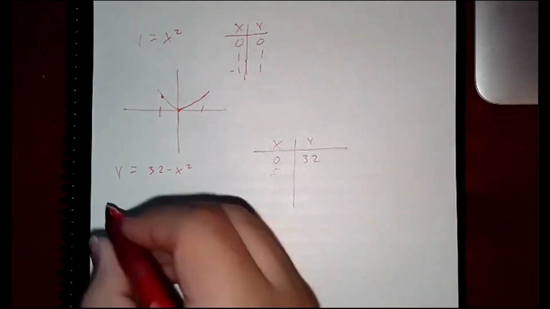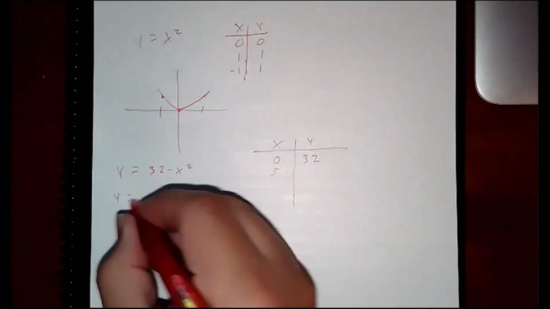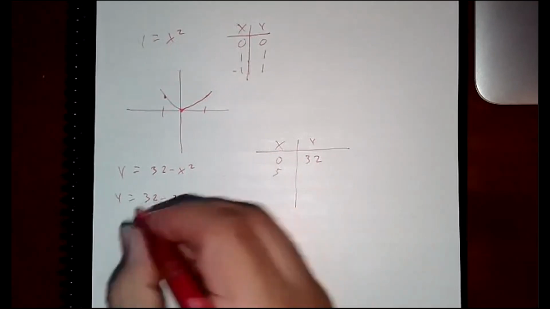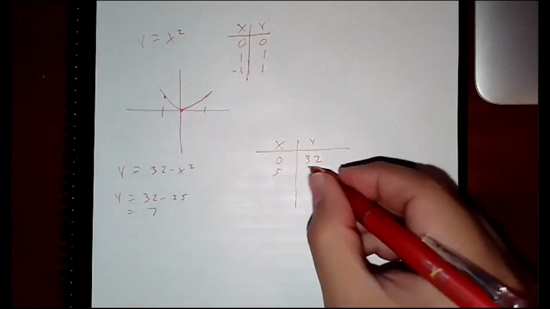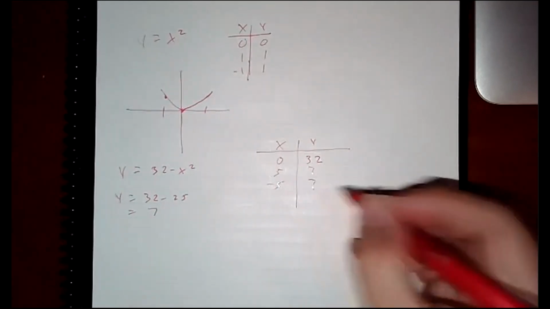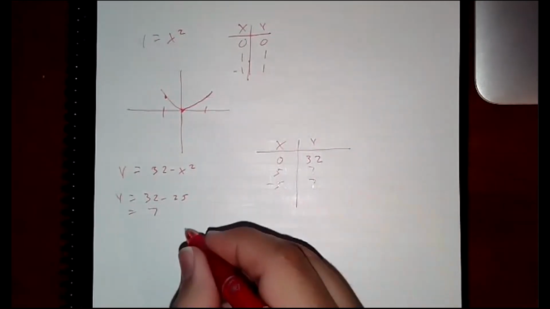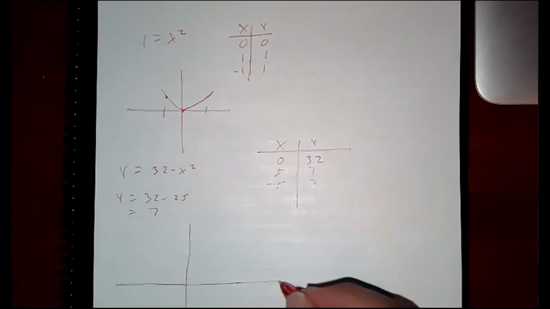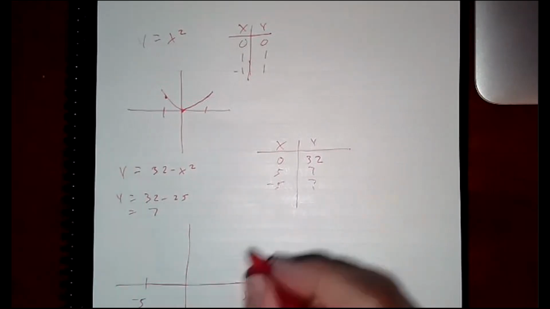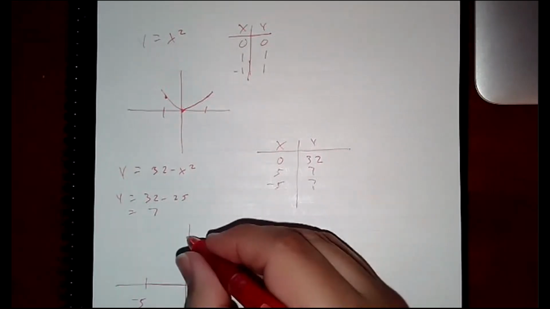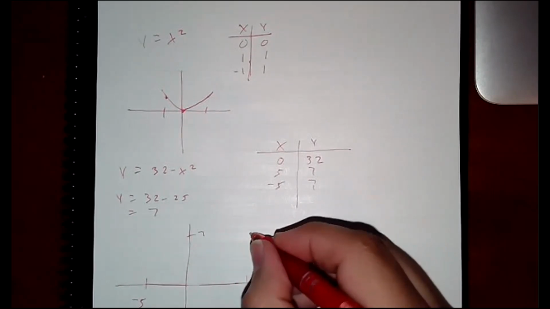If I plug in 5, you would get 32 minus 25, which is 7. So there's 7. Negative 5 will give me the same thing. Okay. So then I went here and said, here's 5, here's negative 5, and then I went up to the 7 and plotted my points.